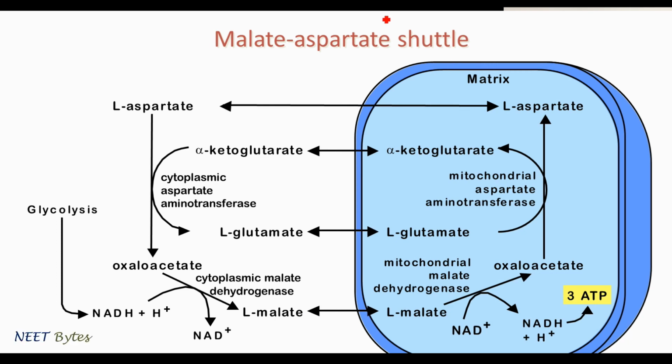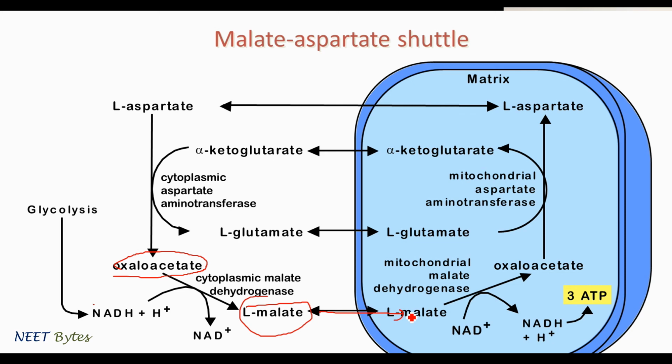But in the case of the malate shuttle, the NADH is combined with oxaloacetate and malate is formed, and malate directly enters the mitochondria. As you know very well, when malate gets converted into oxaloacetate, one molecule of NADH2 is formed, and one NADH2 is capable of forming 3 ATP.